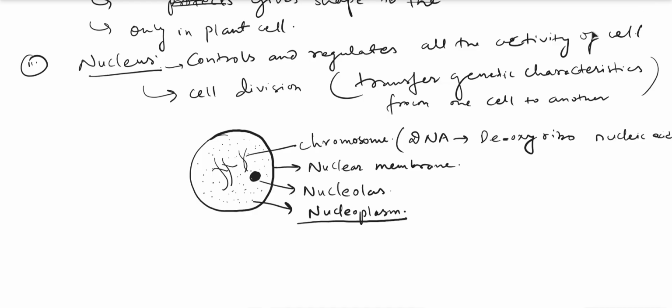Now let's talk about another organelle, the endoplasmic reticulum. The endoplasmic reticulum is a network of membranous canals filled with fluid. It is a pipe-like structure made of many membranes, with fluid filled inside. The major function of the endoplasmic reticulum is that it is also known as the transport system of the cell.